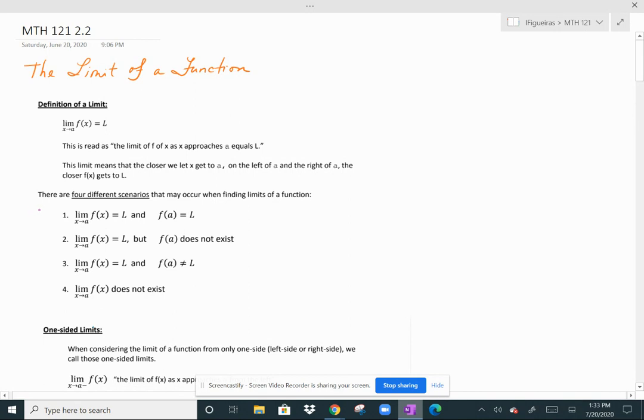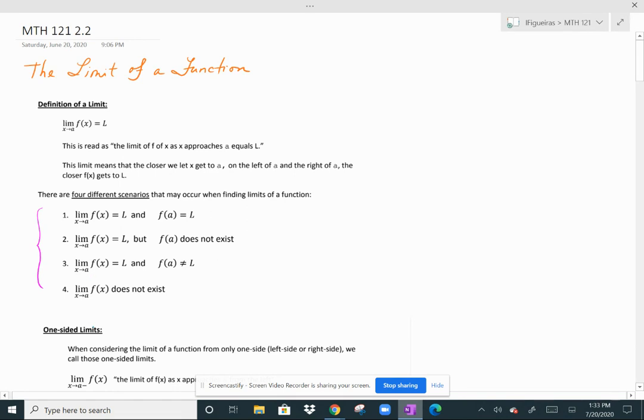So here are 4 different scenarios regarding limits. The first one says that the limit as x approaches a of f of x equals L, and the function at a is also equal to L. So this is an example of where the limit value and the function value are the same. The next scenario is that the limit equals L, but the function does not exist at a.